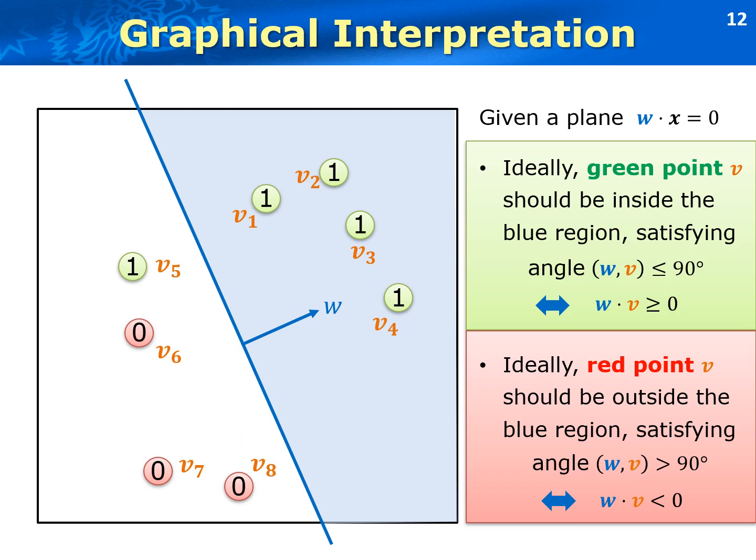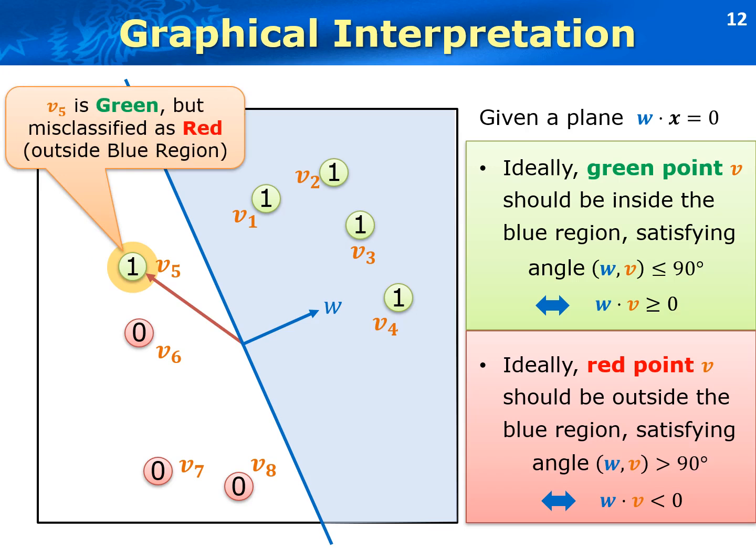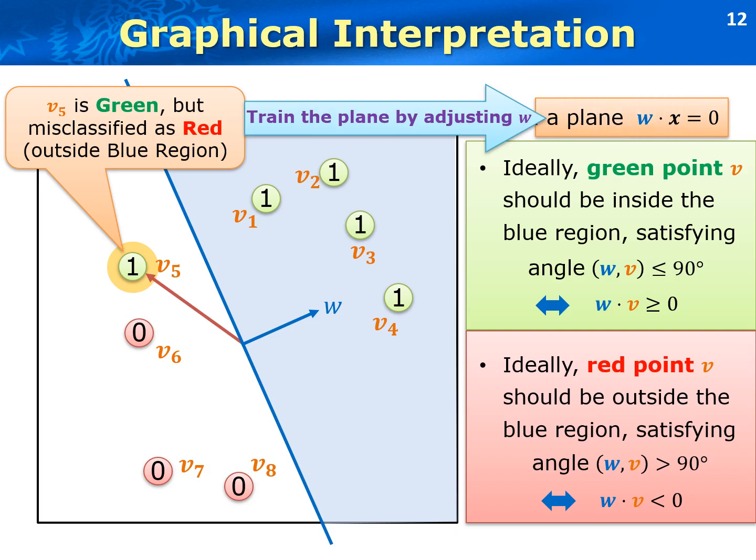However, in this example, there is a misclassified point, V5. Therefore, we are going to train the plane by adjusting its coefficient, W. We next study how to update the plane by adjusting the weights and biased values.